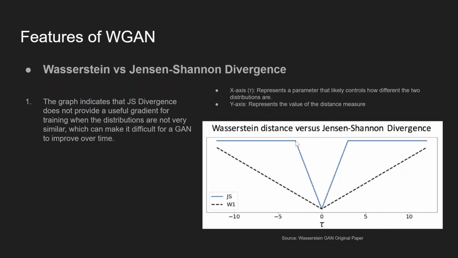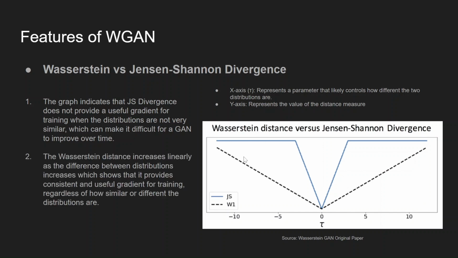When they are the same, like in this portion, we have some useful gradients, but when the difference is high, our JS divergence is just a flat line, and in these cases we don't have any useful gradients.